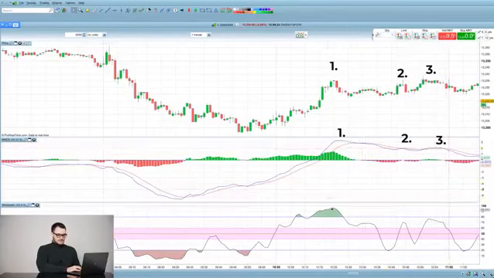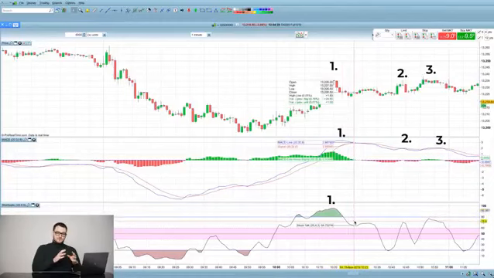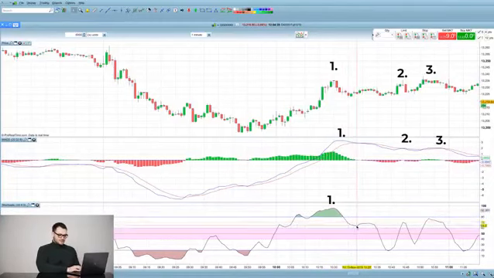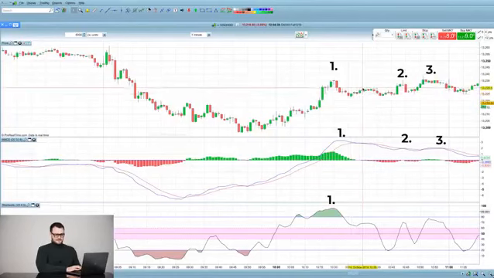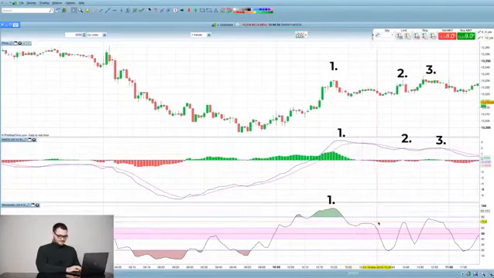And the same thing goes for the stochastic. Here is a wave, and the stochastic is actually a lot more sensitive than the MACD, so it actually shows even this wave right here, which I didn't even notice as a wave, but the stochastic shows us that there is a wave. There was absolutely nothing in the MACD. So as you can see, the stochastic is a lot more sensitive.